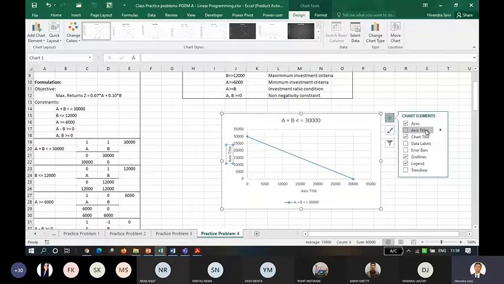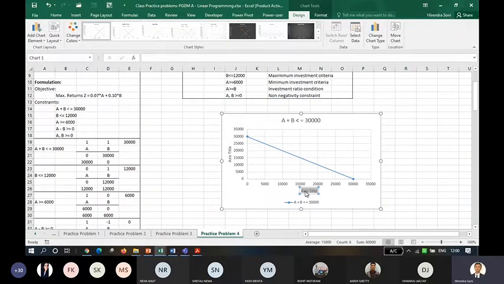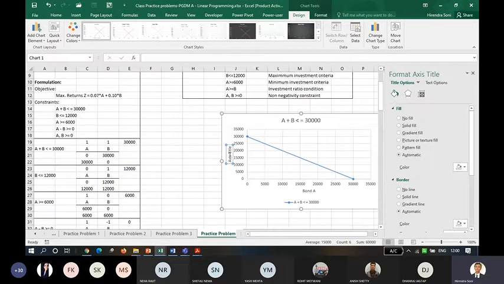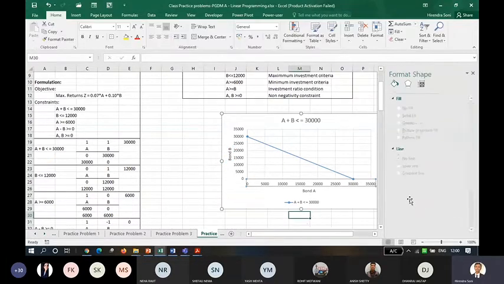So axis titles: this would be bond A, and here it is bond B, fine. Okay up to here?